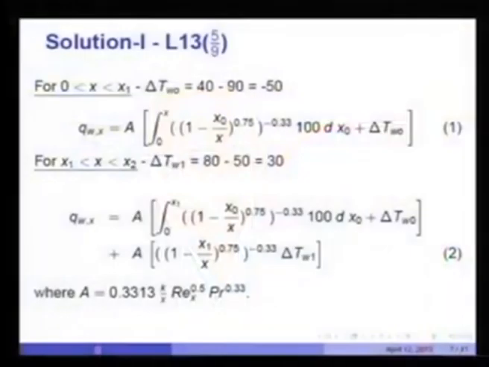This is what is meant by superposition. You started with the solution for the first step change, which was valid for x between 0 and x1. So, you could integrate this relation. Then from x1 to x2 you had the solution at x1 plus this discrete change solution, where x varies from x1 to x2.